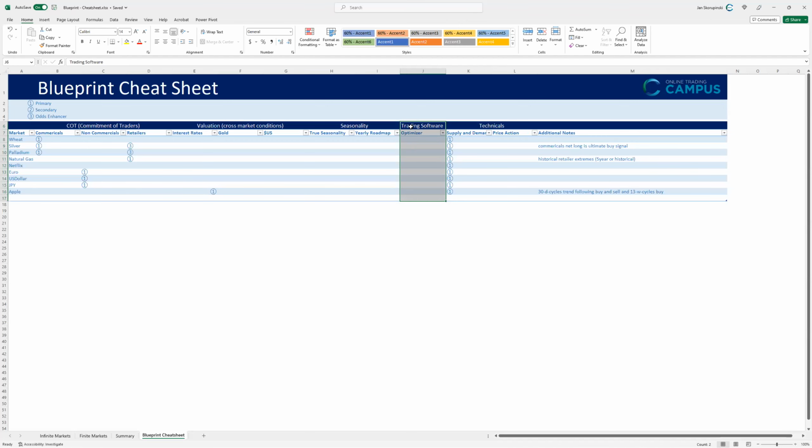So with the trading software, the Campus optimizer, you'll have a third way of getting into those markets. So you'll have supply and demand, and then the trading software, and this will be more towards timing the market.